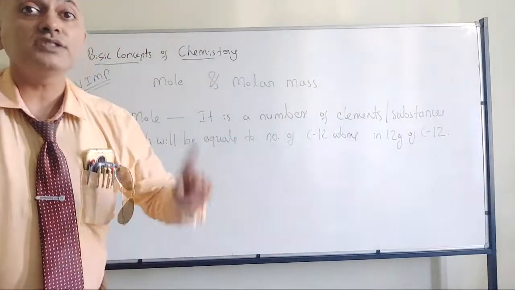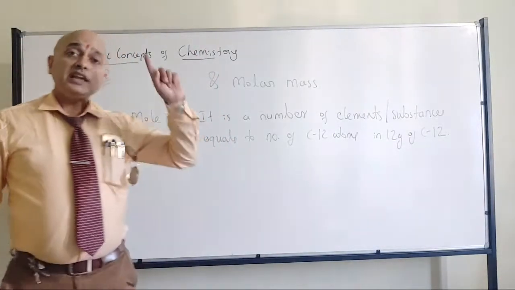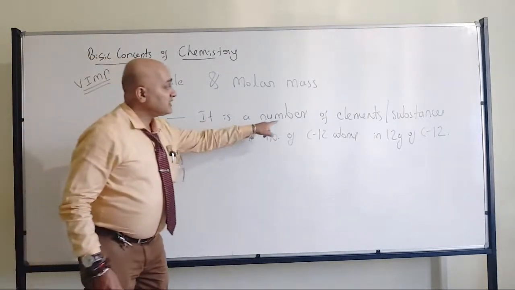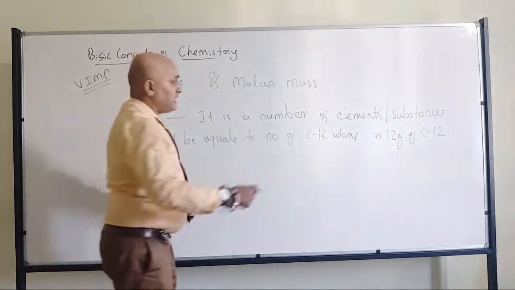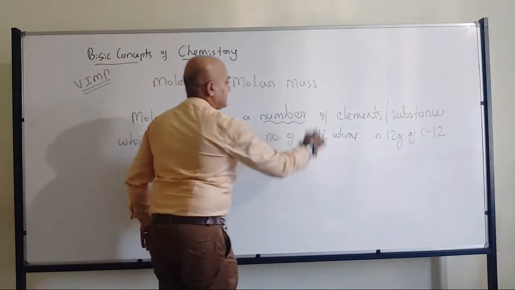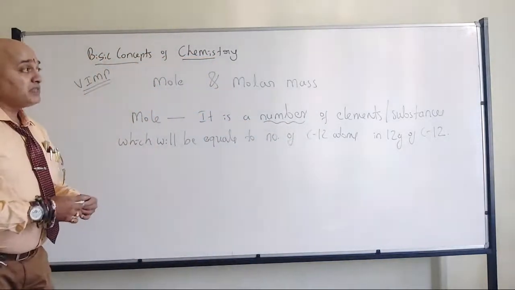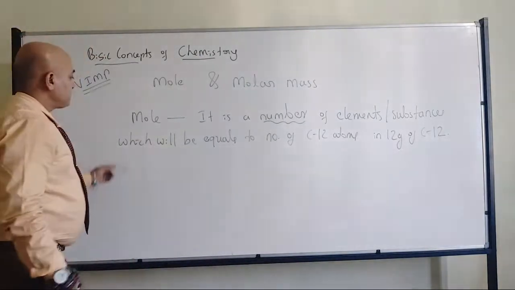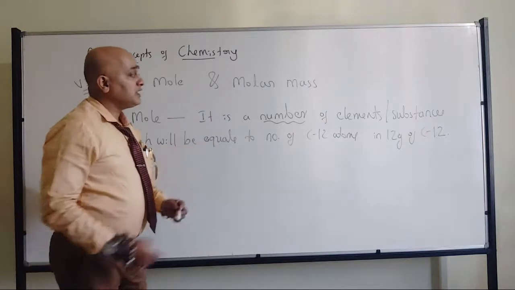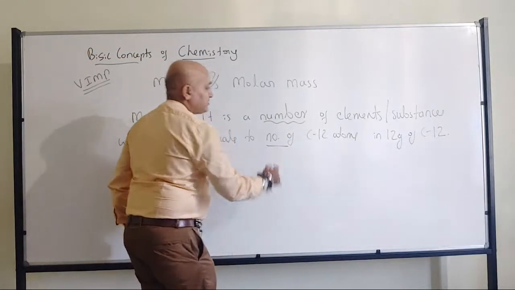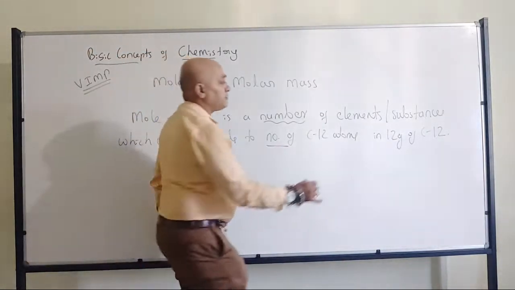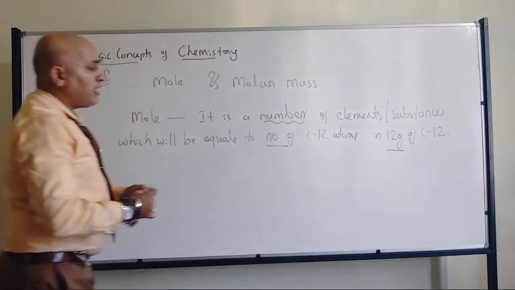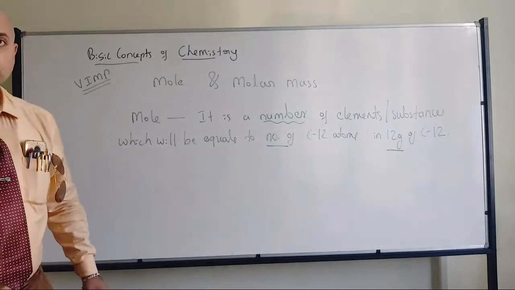Don't get confused with atomic mass unit. In atomic mass unit it was mass, but here it is a number. That's the very important word: number. It is a number of elements or number of substances which will be equal to the number of carbon 12 isotopes in 12 gram of carbon 12.